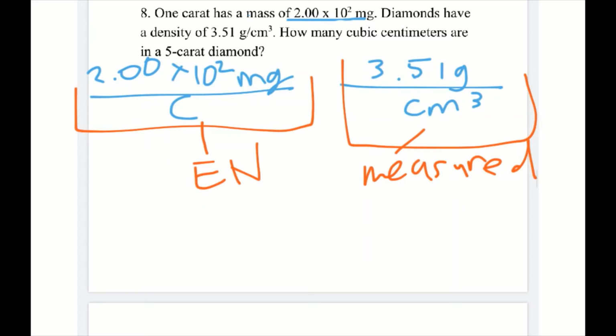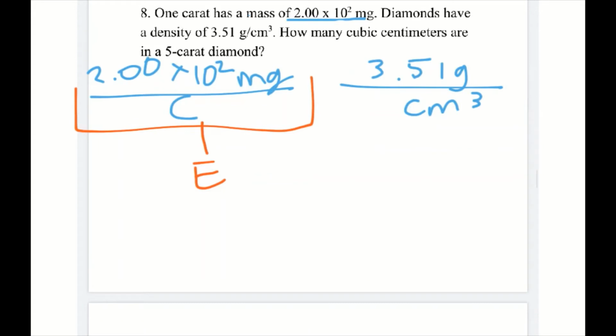So therefore, conversion factors that are measured, like density, since we measure density, is a number that is not an exact number. This number will have a limited number of sig figs. So now that we got that out of the way, we will now continue the problem once I undo everything.